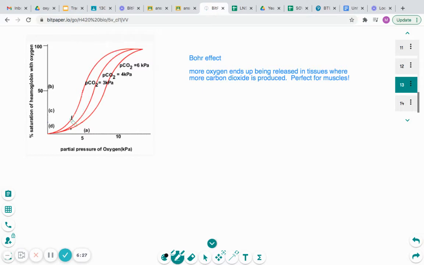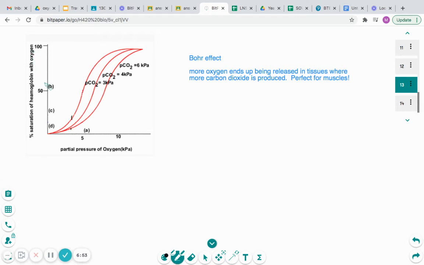Now, this same oxygen dissociation curve can change depending on how much CO2 is in that environment as well. So the original hemoglobin dissociation curve shows partial pressure of oxygen. If that increases, we see that the hemoglobin becomes more and more saturated with oxygen.